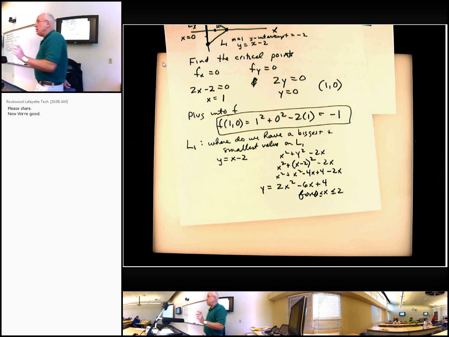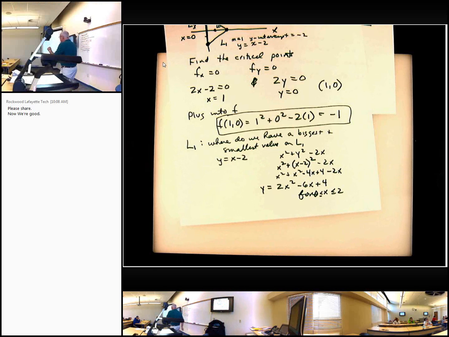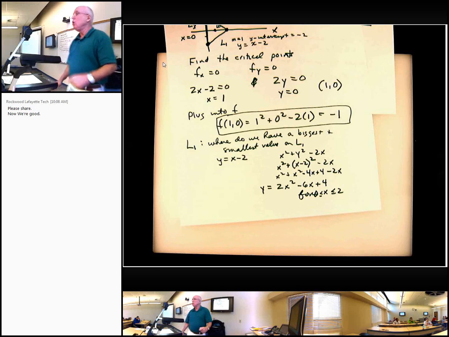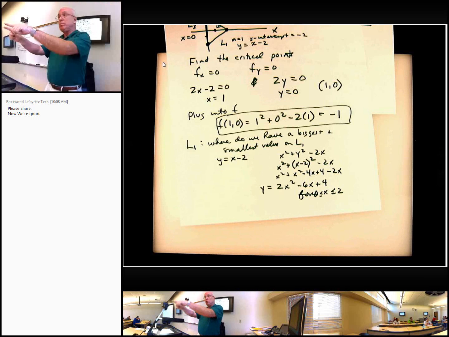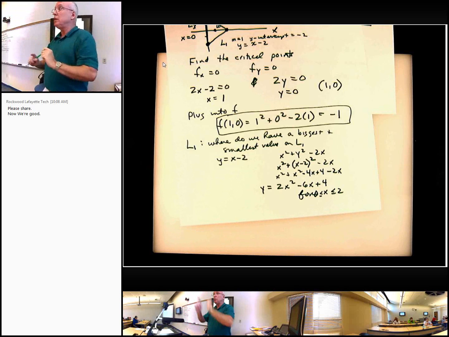So where are we going to look, between x equals 0 and 2, to find the biggest value of our function? Where's the smallest value? Well, we're going to look at the endpoints. That is absolutely right, one thing. But there's also something else we need to look at.